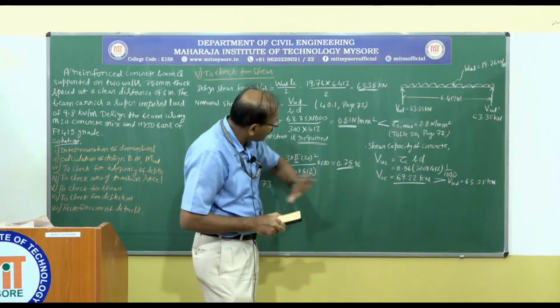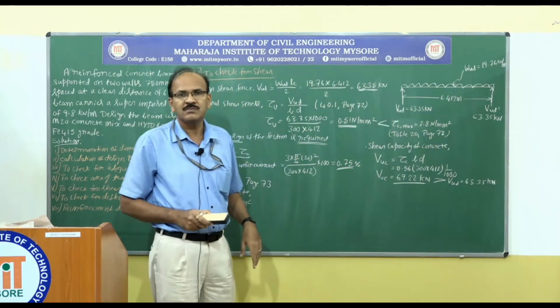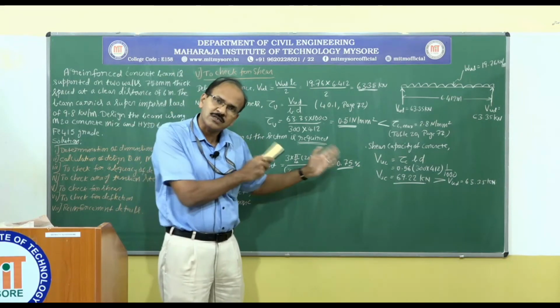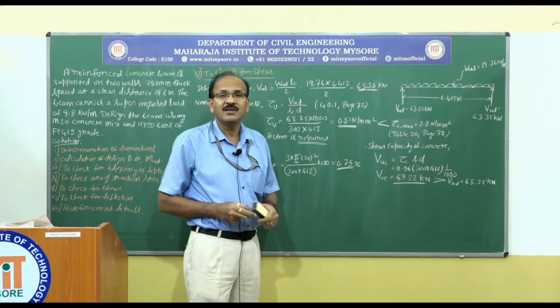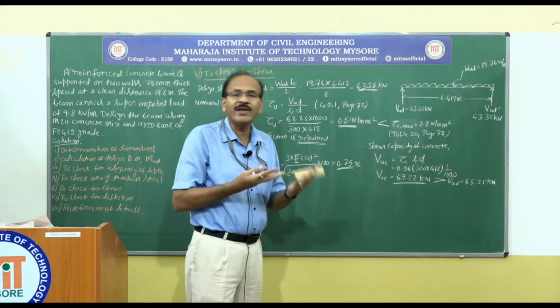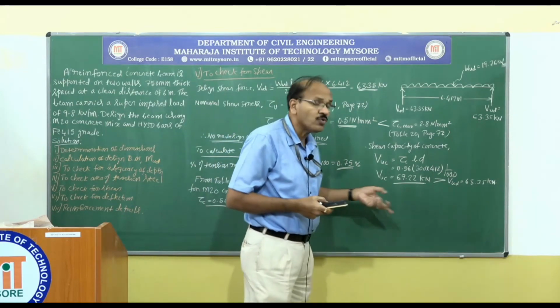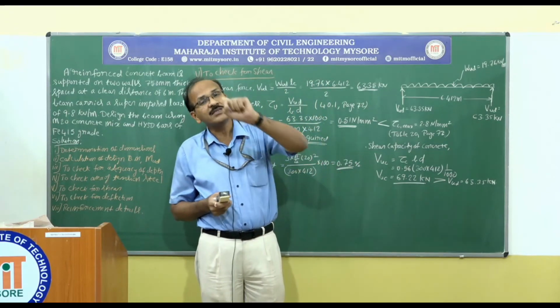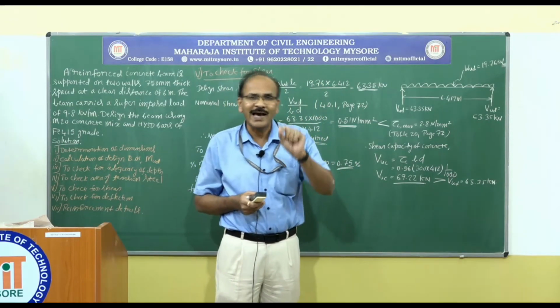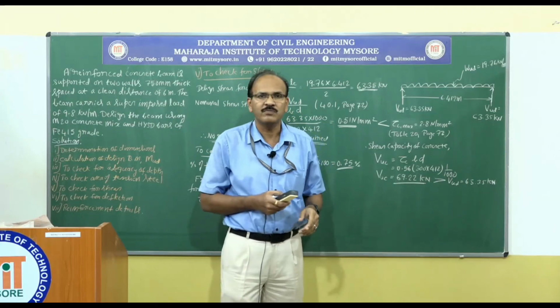Theoretically speaking, we don't need any stirrups. Concrete is strong enough. However, to avoid brittle failure of concrete, we are going to provide some minimum reinforcement as specified in the code.